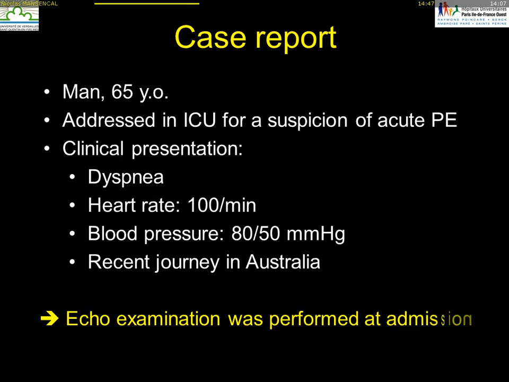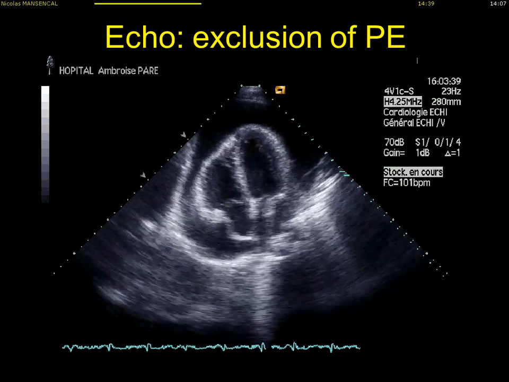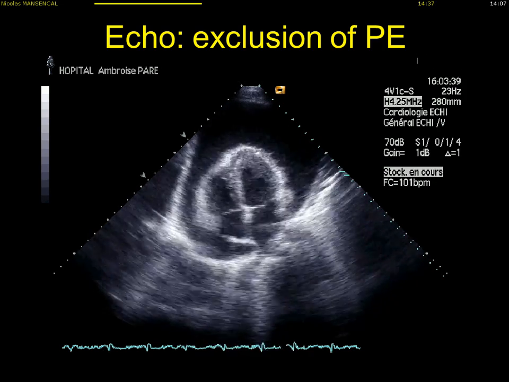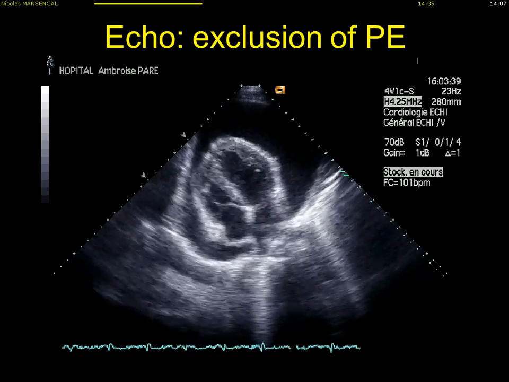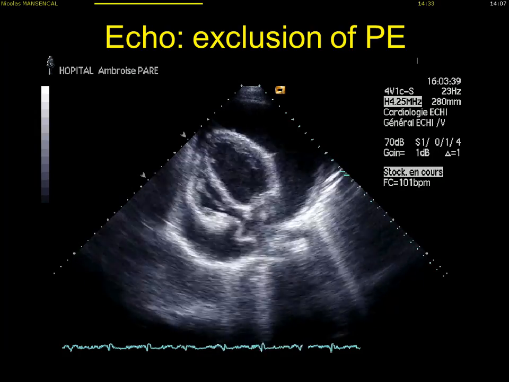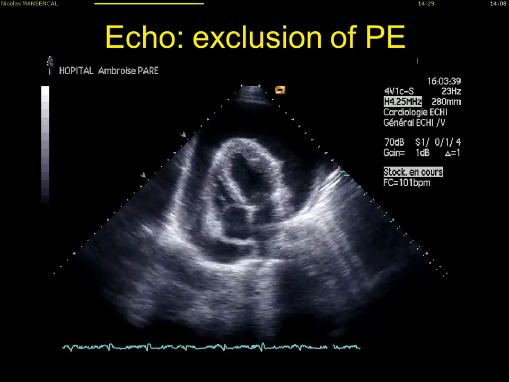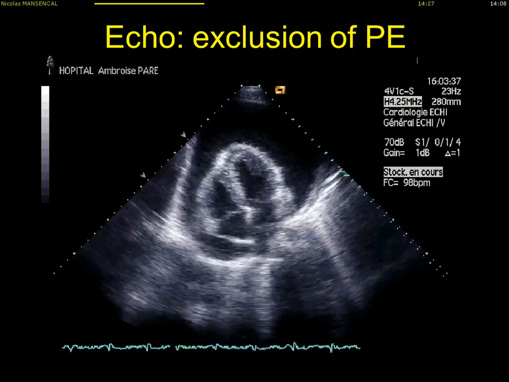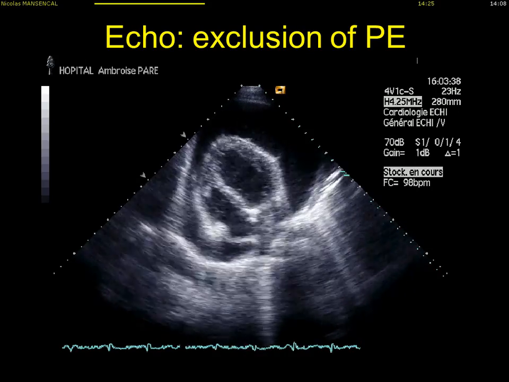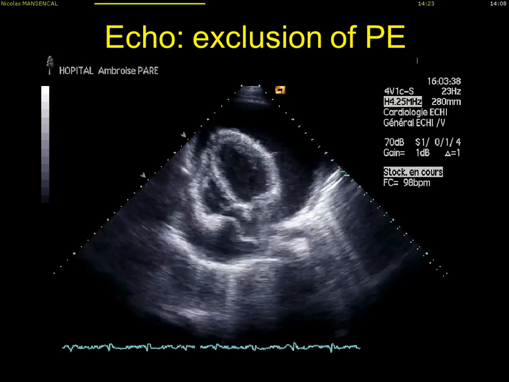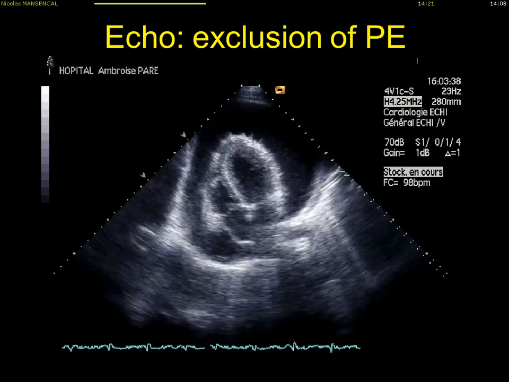At admission, we performed an echocardiographic examination to make the diagnosis, and we excluded pulmonary embolism because this patient presented with a tamponade and a swinging heart. So echocardiography is able to make other diagnoses, not only PE, but also other important diagnoses.